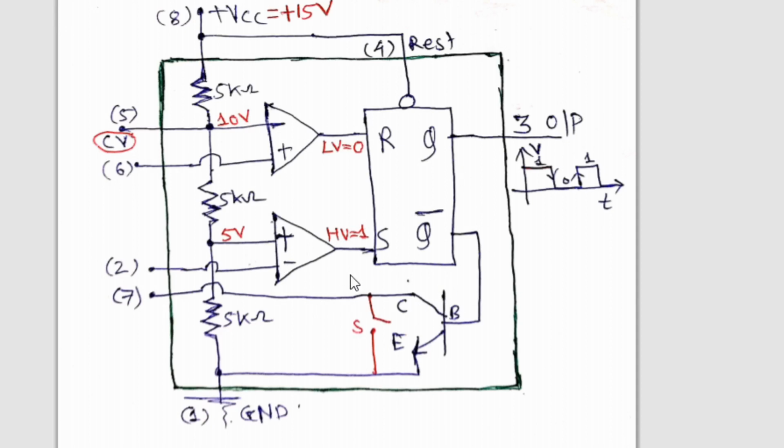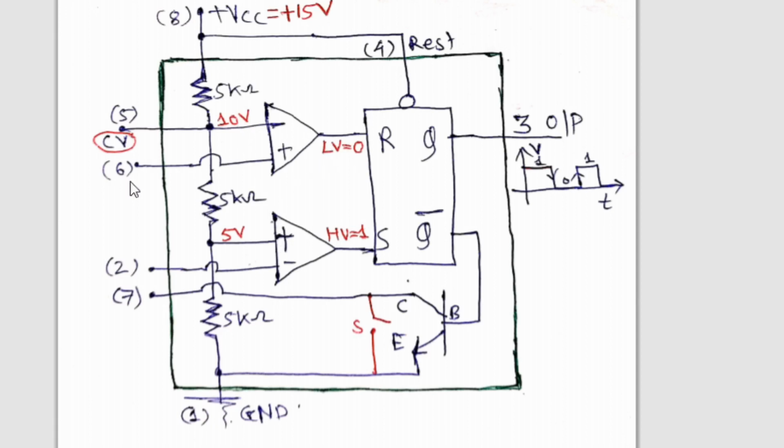Now let me tell you one thing here, why I have written here LV is equal to 0. Because as soon as I apply the plus 15 volt, 10 volt comes here. This terminal is open terminal, so I have considered open terminal voltage as 0 volt. So when this is 10 volt and this is 0 volt, voltage at negative terminal is greater, therefore it is LV.